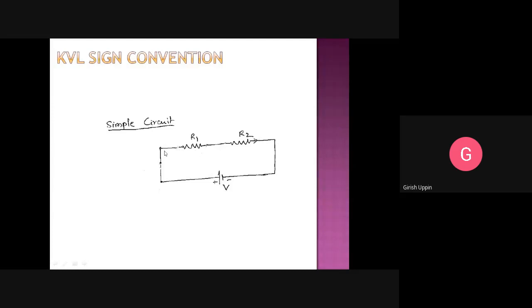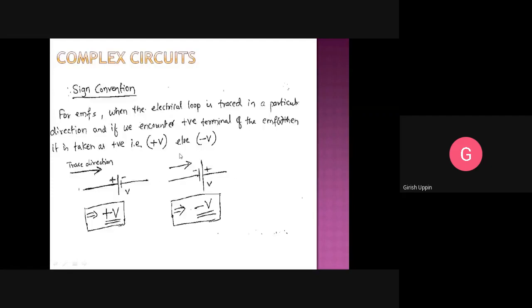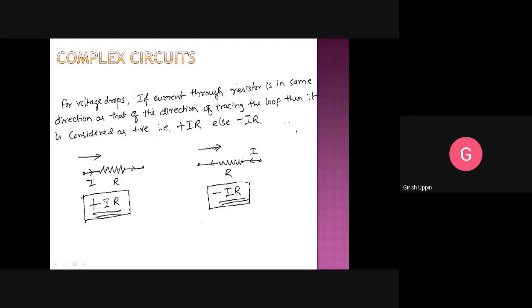From R1 to R2, the direction would be from here to here. Now the direction of the tracing is also like this, and the direction of the current, both are in the same direction. If both the direction of the tracing and the direction of the current are in the same direction, we will take that voltage drop as plus voltage drop, that is plus I into R. Now let us say this is the direction of tracing, and this is the direction of the current.